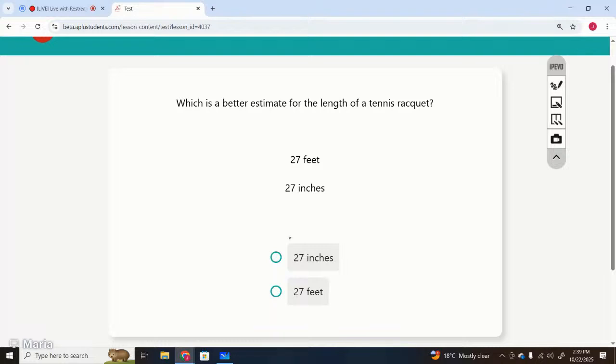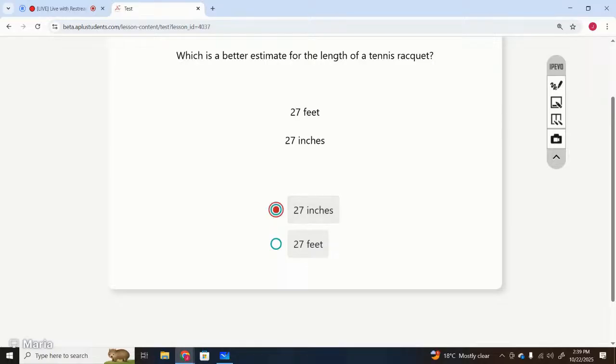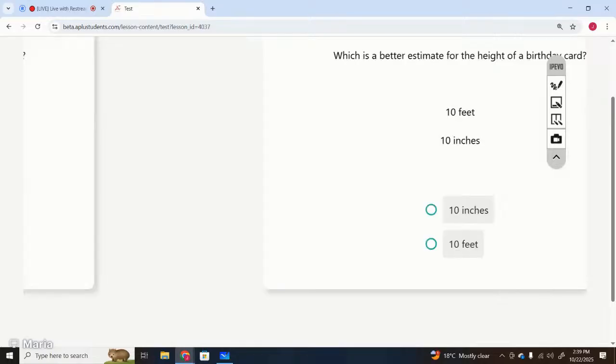It would be 27 inches. 27 feet is too long.